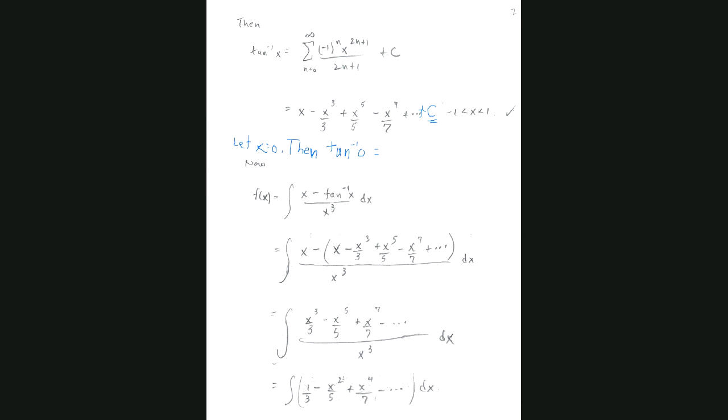Well, again, if I put 0 in for x, so what I'm doing is putting 0 in for x here. This is the sum, of course, n equals 0 to infinity. Put the 0 in for x.